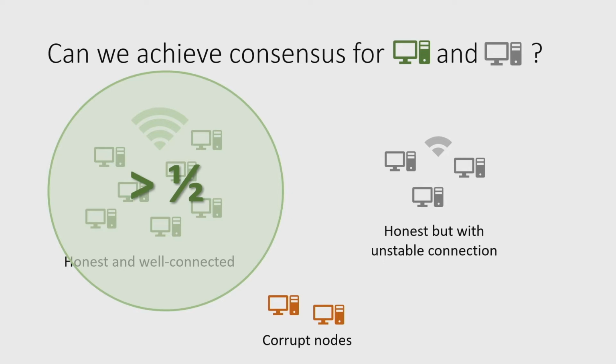Like in this graph, it looks like this green set should be static, like all of the nodes that are online should be online from the very beginning to the end of the protocol. But with Cinderella, with a fix, we can actually guarantee consensus as long as at any time point this green set is large enough. This means we tolerate more network churn: nodes can come and go, be online and offline, as long as at any point the set of these well-connected components is large enough.